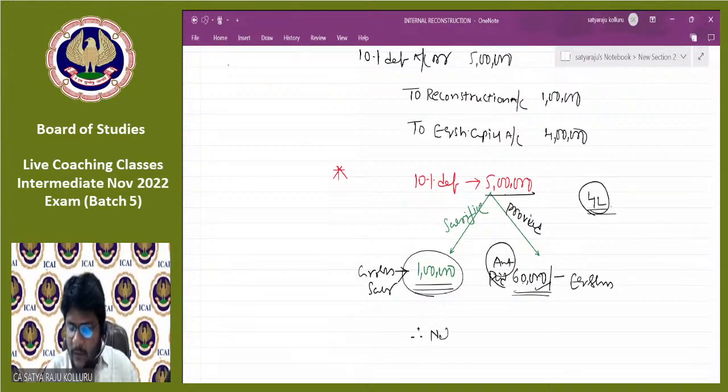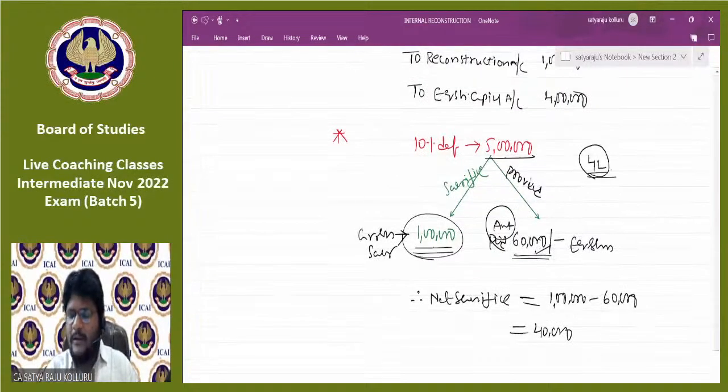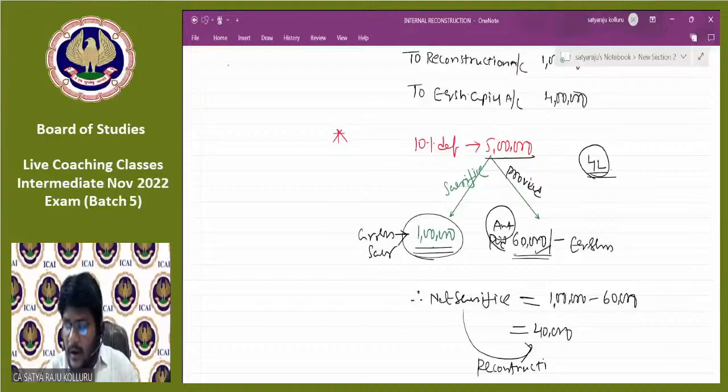Therefore, net sacrifice is equal to gross sacrifice minus amount paid by the company, which is 1 lakh minus 60,000, which is 40,000. So only to the extent of the net sacrifice made by the debenture holders should we transfer to the reconstruction account. Don't transfer the gross sacrifice amount to the reconstruction account.